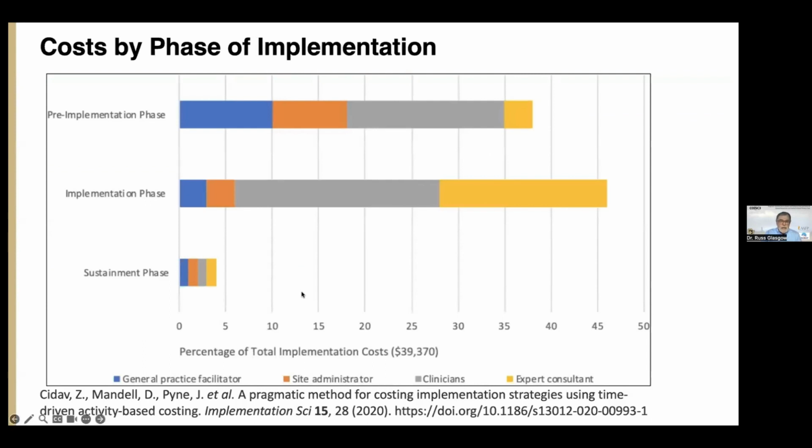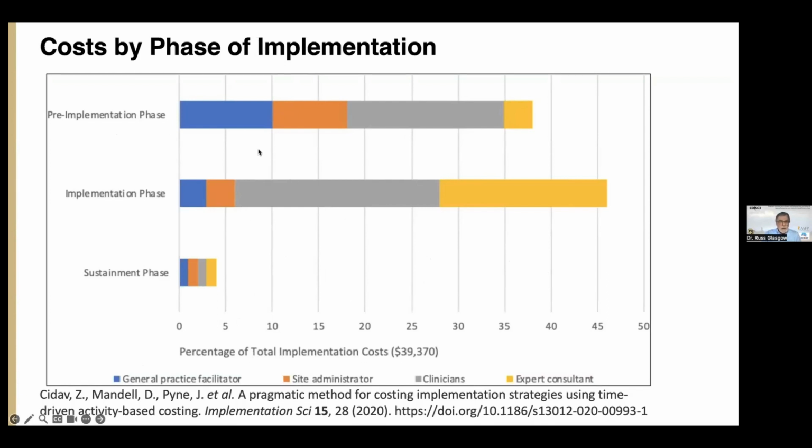This is a slightly busy example, a little more complicated than I'd recommend, but I like a number of things about it, as well as this general article that's referenced at the bottom there for activity-based costing. This one does use the phases, if you will, the 3 phases. Again, they're not always 3 phases, but what I like about it is the color coding, and it talks about the time that's involved over the course of the project by different roles.